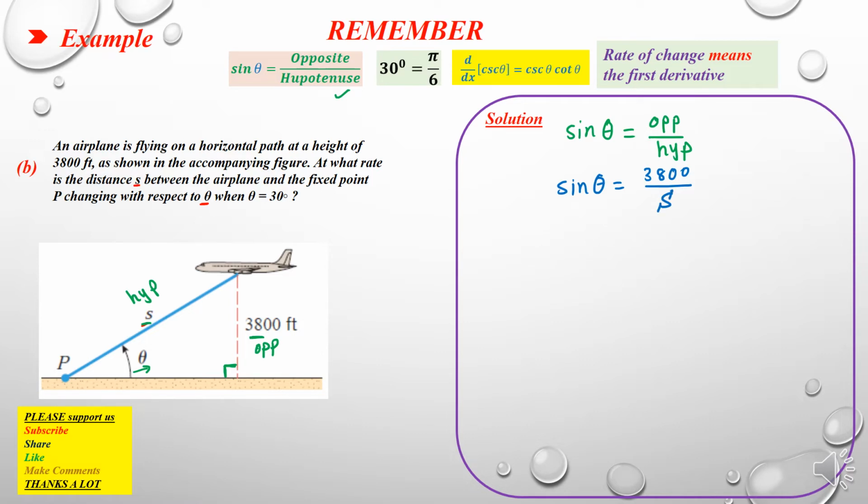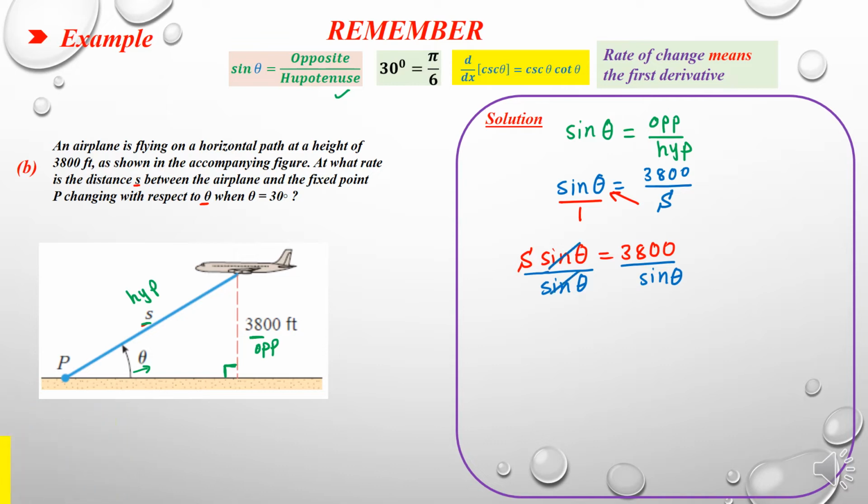Now we can cross multiply, and you'll get s sine theta equals 3800. Then you have to divide both sides by sine theta.